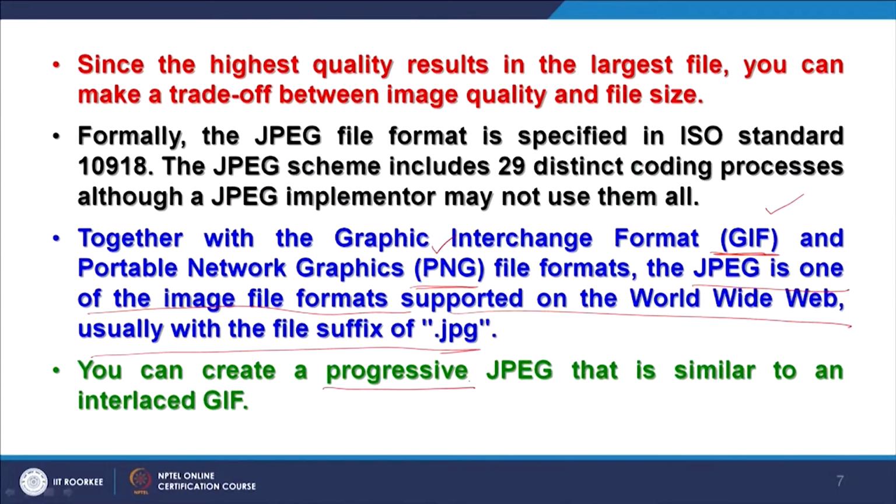I gave the example of progressive JPEG, which is similar to an interlaced GIF. Within a file, it can find which area requires more compression and which area requires less compression. It is the same concept as progressive lenses which some people use, who become bifocal.